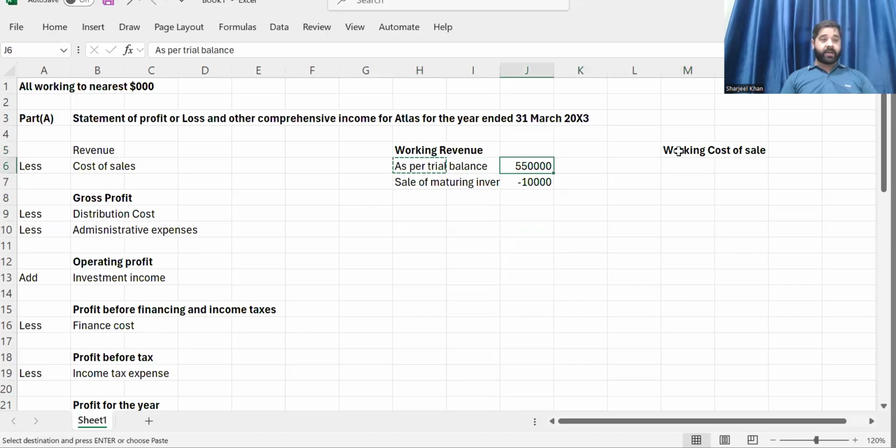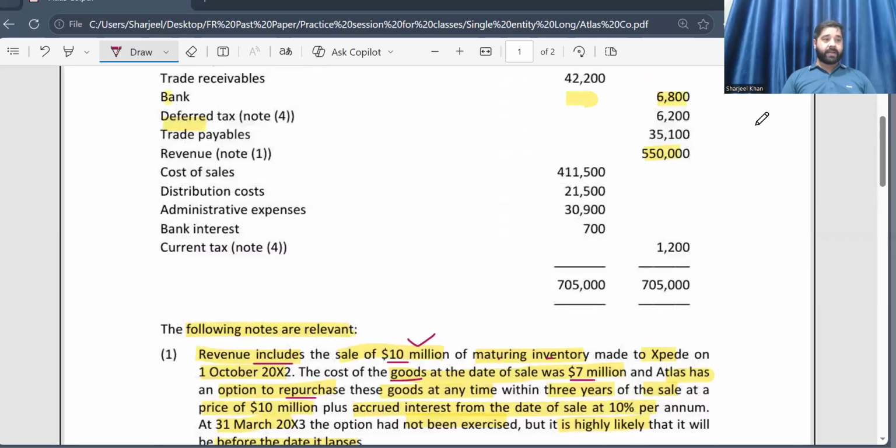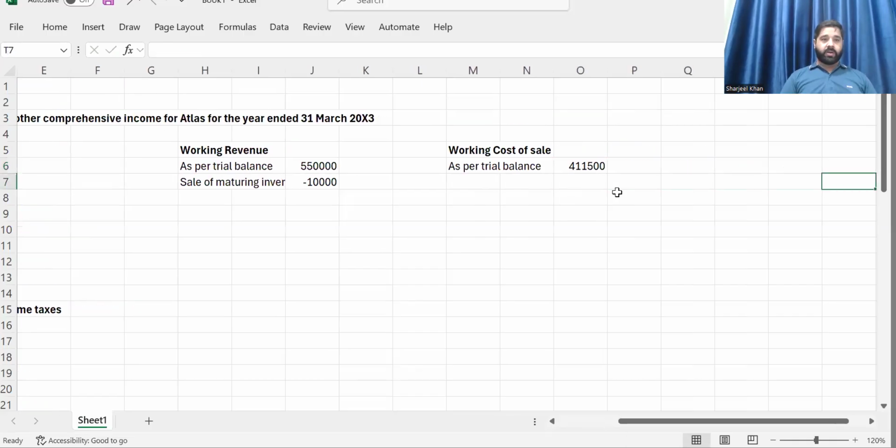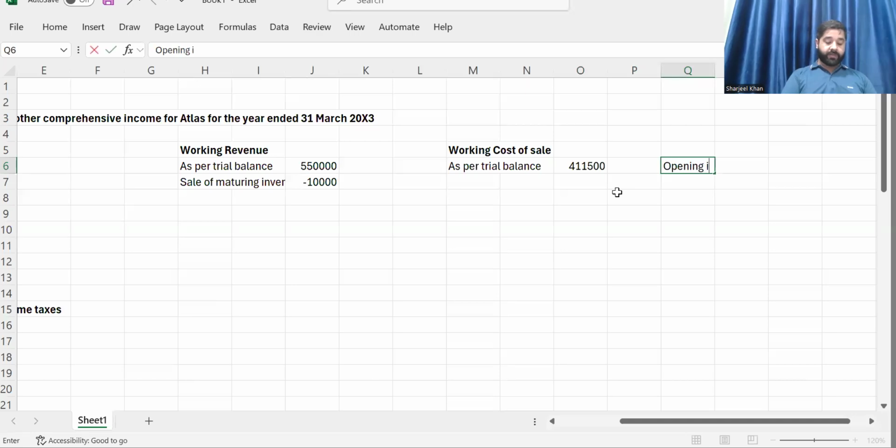Balance is for the trial balance. For the cost of sale, the balance on the trial balance given is 411,500. Now, cost of sale value is calculated as opening inventory, then we have to include purchases, and then we have to deduct the closing inventory, right?